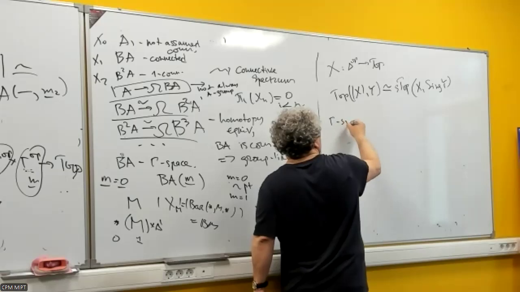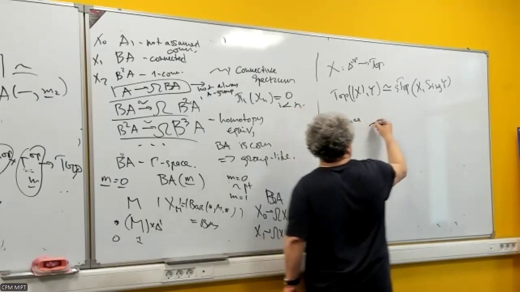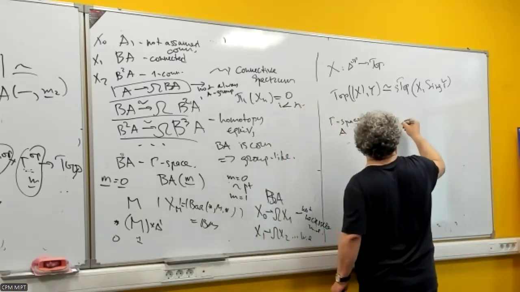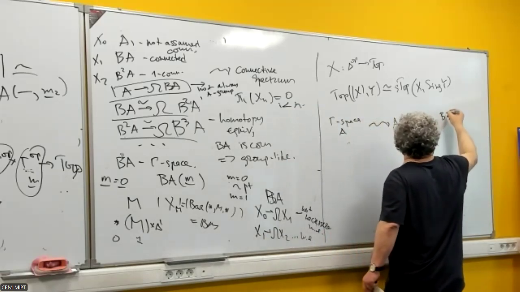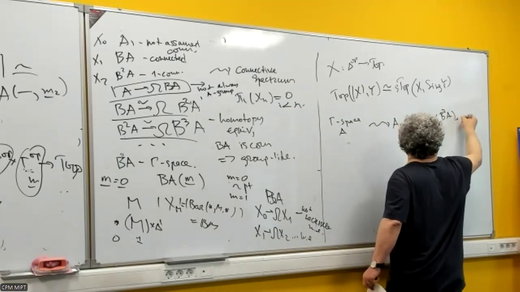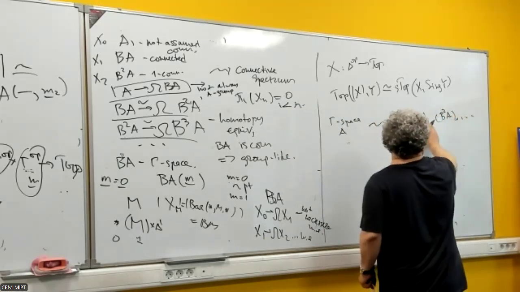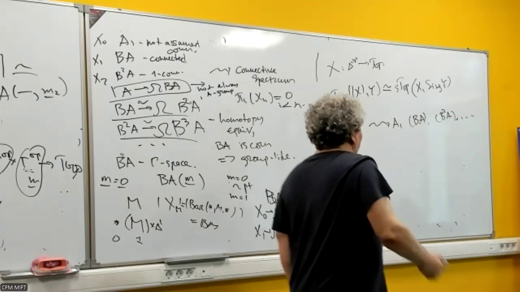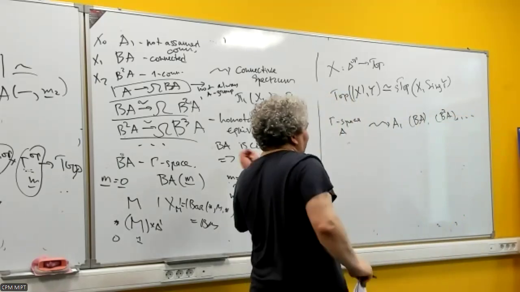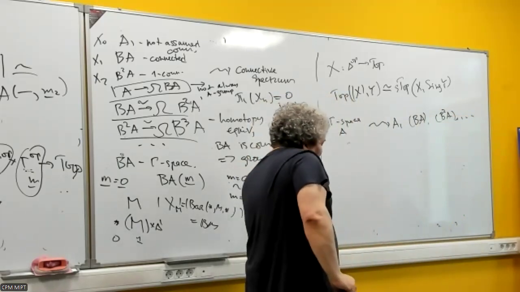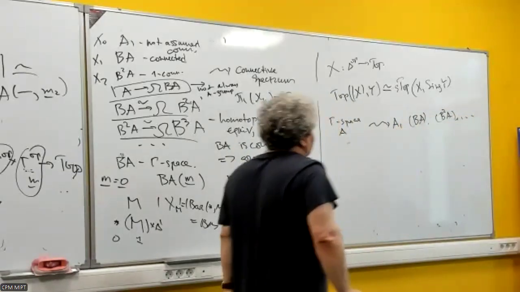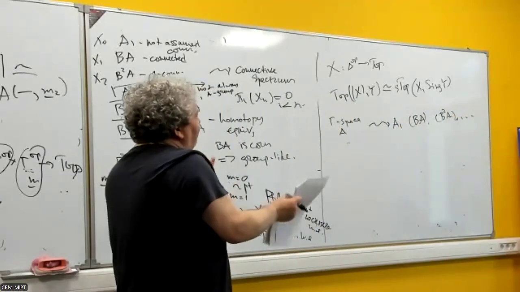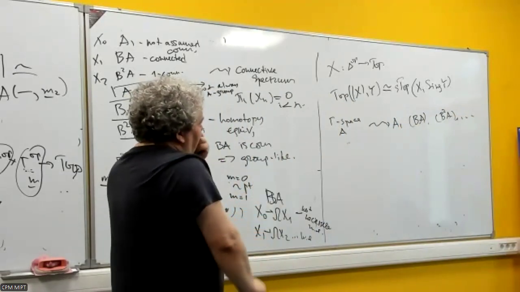So a Gamma space A produces a spectrum: A1, B A1, B squared A1, and so on, where you can even erase the 1 if you like. As I said, if A is special, it's an omega spectrum, maybe except the first place.